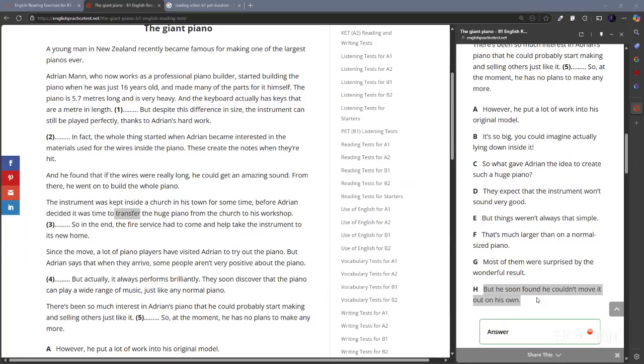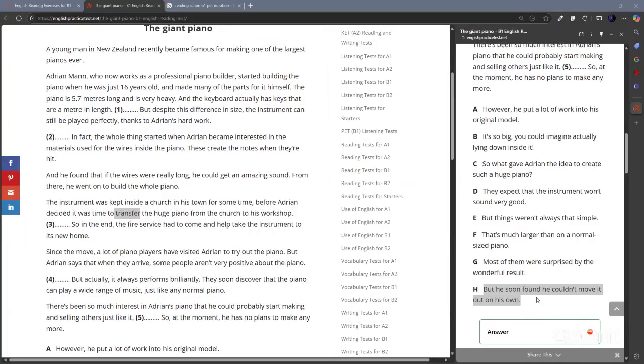Because this paragraph talks about the piano that was on one side, in this case in the church, and he wanted to move it to his workshop.